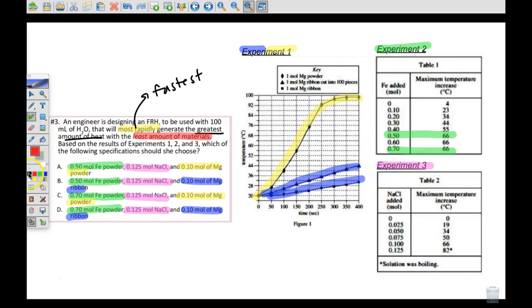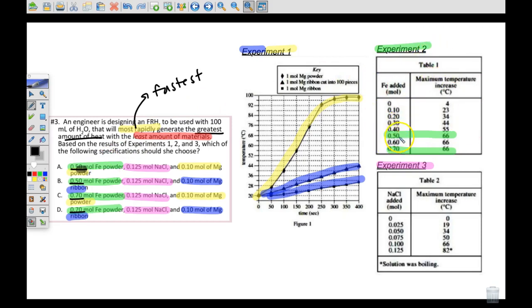So the first factor is you're looking at the iron powder. And we're looking at either 0.05 moles, which again, doesn't matter, it's just an amount. So just take it for what it is, versus 0.7. So in order to find that information, I have to find the experiment that goes with iron powder, which is experiment 2.